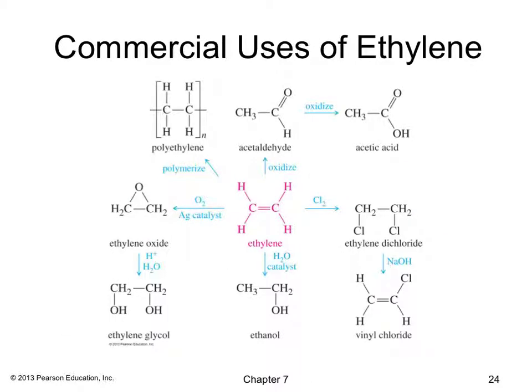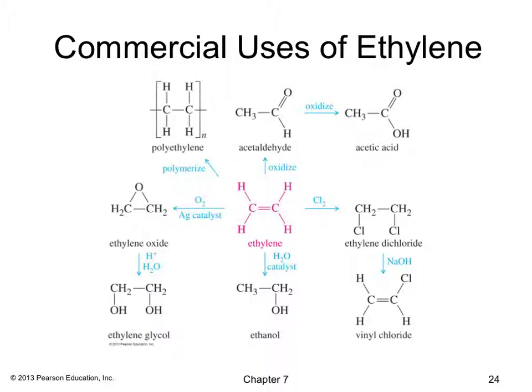Commercial uses of ethylene. You can chlorinate it to form ethylene dichloride, and then in the presence of base, generate vinyl chloride to generate the alkene again. You can take ethylene and react it with water and generate the alcohol, which is ethanol.